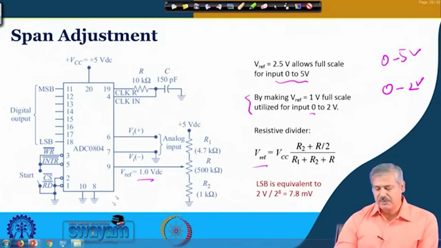If you do that, you will get 0 to 2 volt. So in this case, what is 1 LSB equivalent to? 2 volt is the entire range, so 2 volt by 2 to the power 8 is 7.8 millivolt, which is a better proposition. If you had stuck to the earlier one, the value you had seen was around 19 millivolt or so, and the resolution would have been worse.